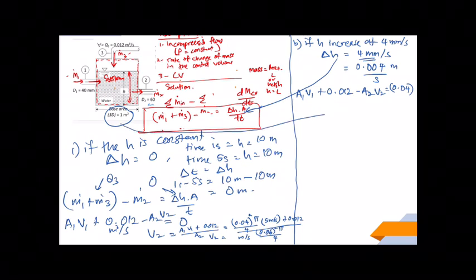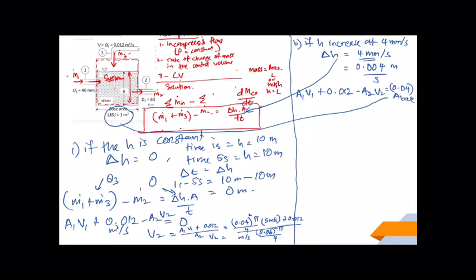You put it back to here, area base, 1 meter squared. So basically exactly the same thing you have to do. Get V2 from here, meter per second.